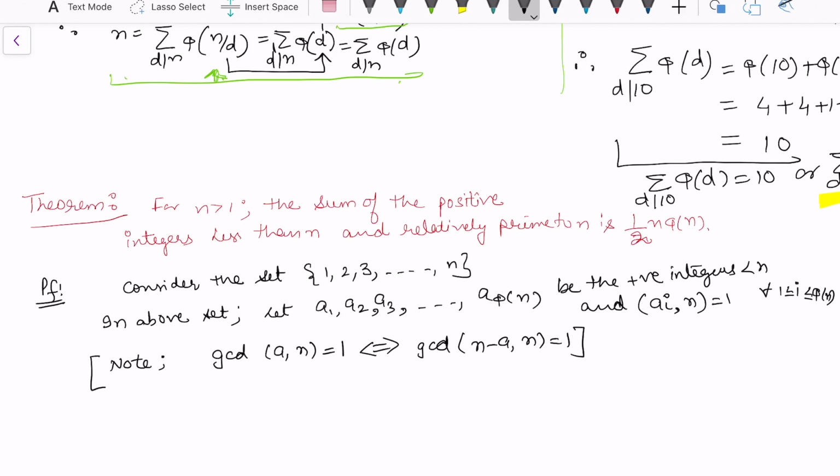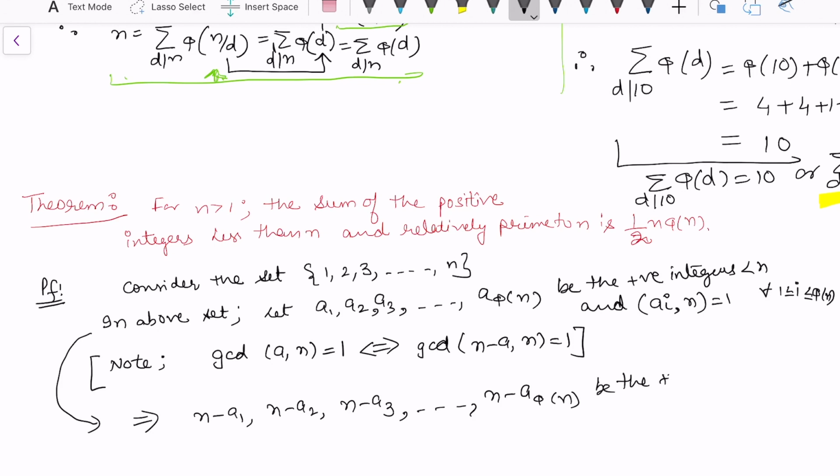So from here, if this is a set, this also implies that n minus a1, n minus a2, n minus a3 and so on, n minus a phi n, these are the positive integers less than n, and the GCD of n minus ai with n is 1 for 1 less than or equal to i less than or equal to phi n.